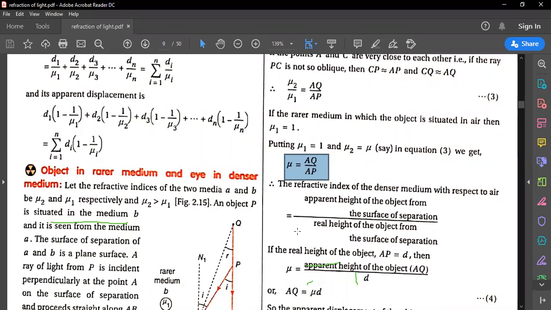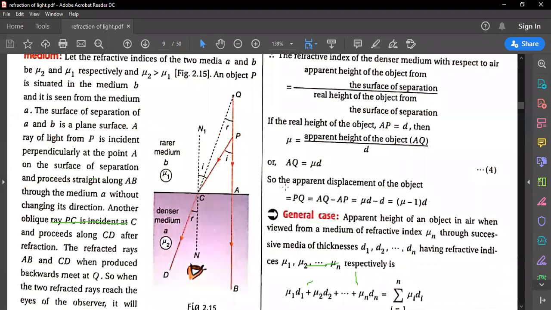In the first case, when the object was in the denser medium and the eye was in the rarer medium, we got that mu is equal to real height by apparent height. But now when the object is in the rarer medium and the eye is in the denser medium, mu is equal to apparent height by real height.